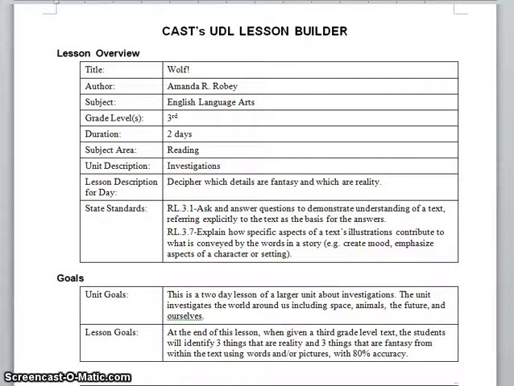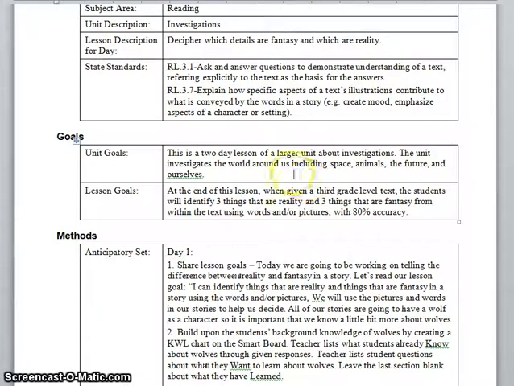My lesson focuses on English language arts, 3rd grade level, and it's really looking at telling the difference between fantasy and reality. The standards that I'm focusing on, as you can see, is looking at answering and asking questions to demonstrate understanding of text and referring explicitly to the text as a basis for the answers.